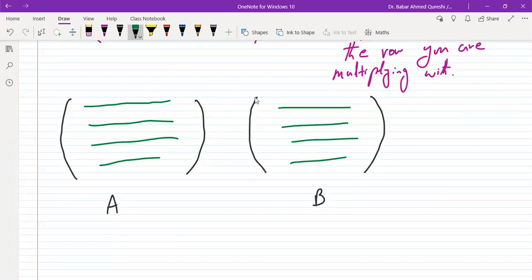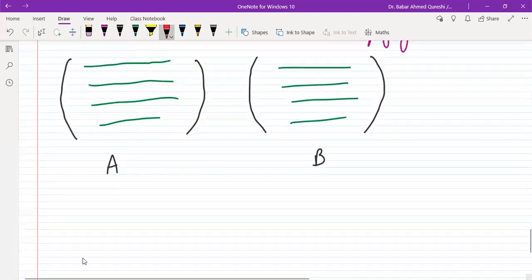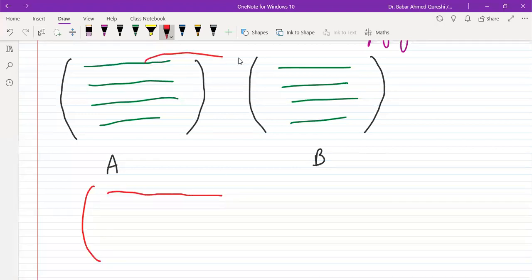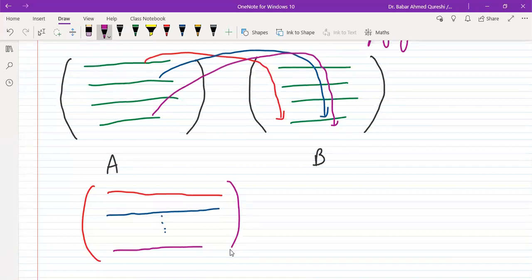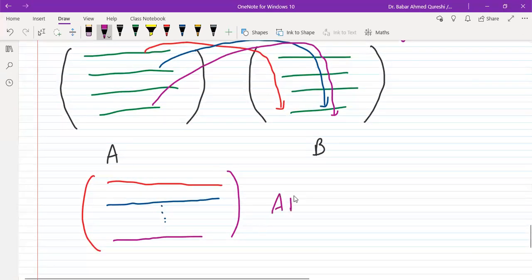So you take this row and make linear combinations of the rows of B using this. That gets you the first row back here by making these linear combinations. Then you take the second row and use this to make the linear combinations. And that gives you the second row, all the way until you have the last row and use that to make the linear combinations. And you have got your product. This is AB.